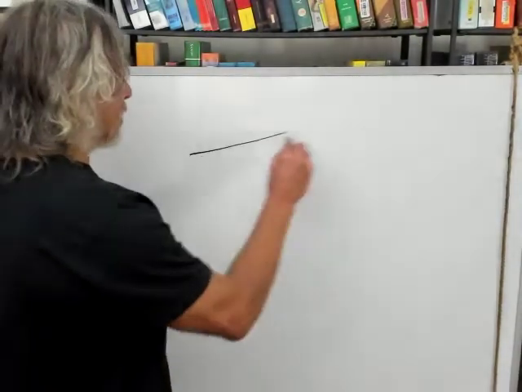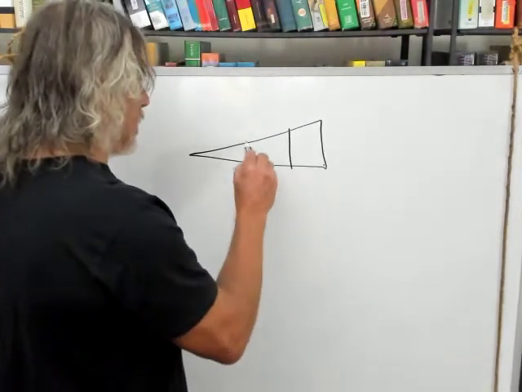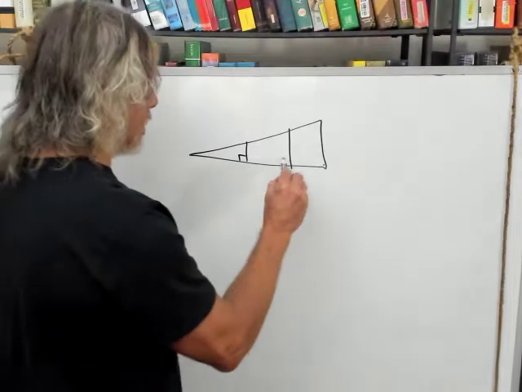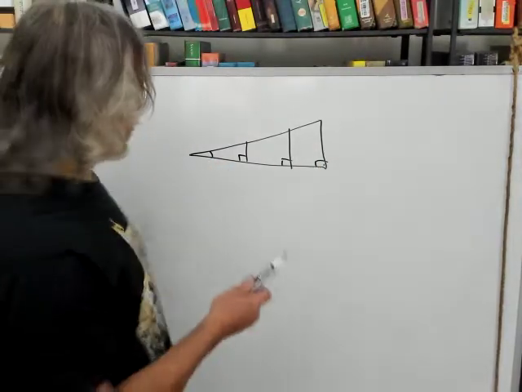Similar triangles have sides that are in proportion. And they're the same if they have two angles.